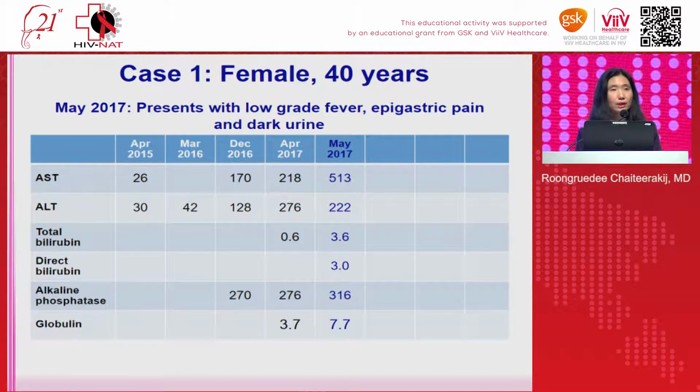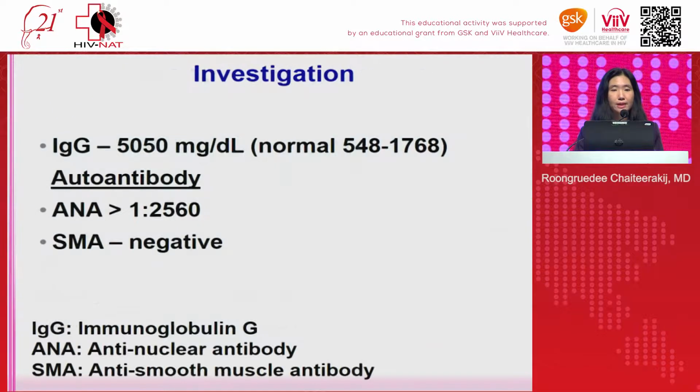So next, we worked up whether she has autoimmune hepatitis. We tested the IgG, gamma globulin level, which is very high, threefold the upper normal limit. And she was tested for autoantibodies. She was positive for ANA, anti-nuclear antibody, at a very high titer.